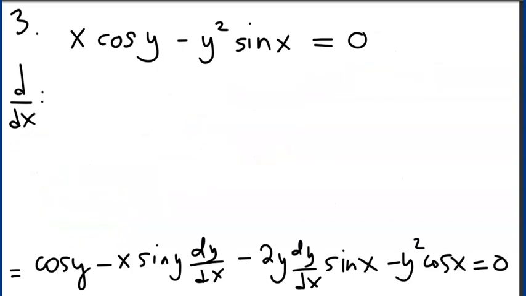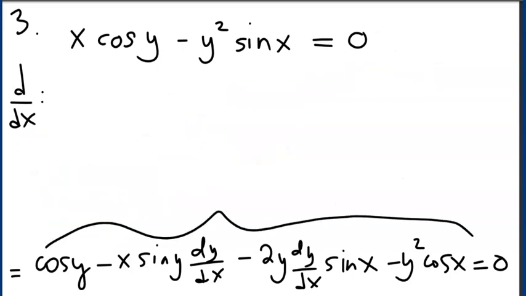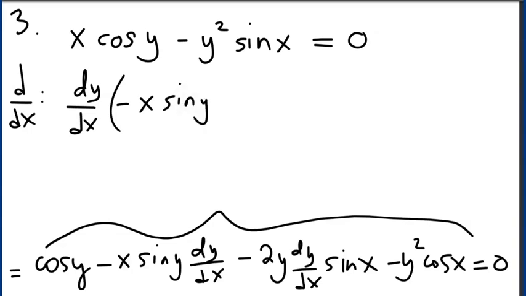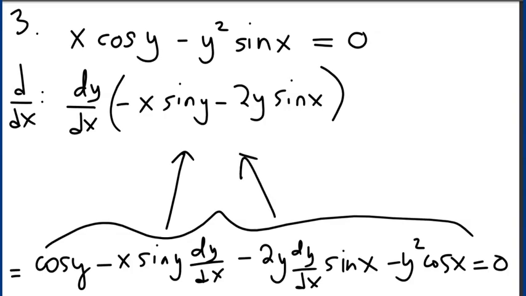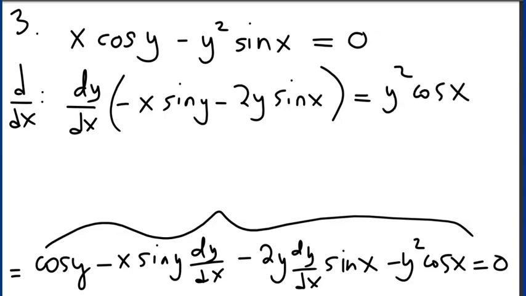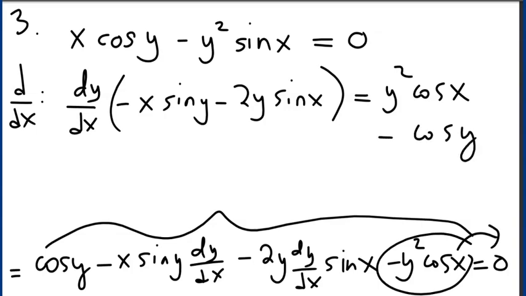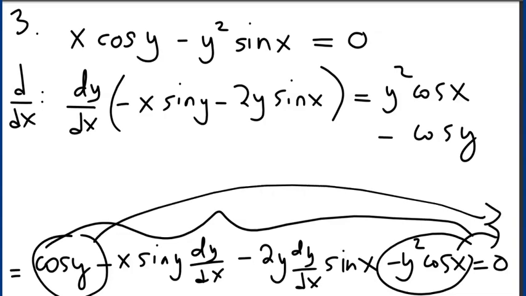equals 0. So factoring out the dy/dx, you will get minus x sine y minus 2y sine x, so that's this term and that term, equals y squared cosine x, I'm bringing this term to the other side, minus cosine y, I'm also bringing this term to the other side.